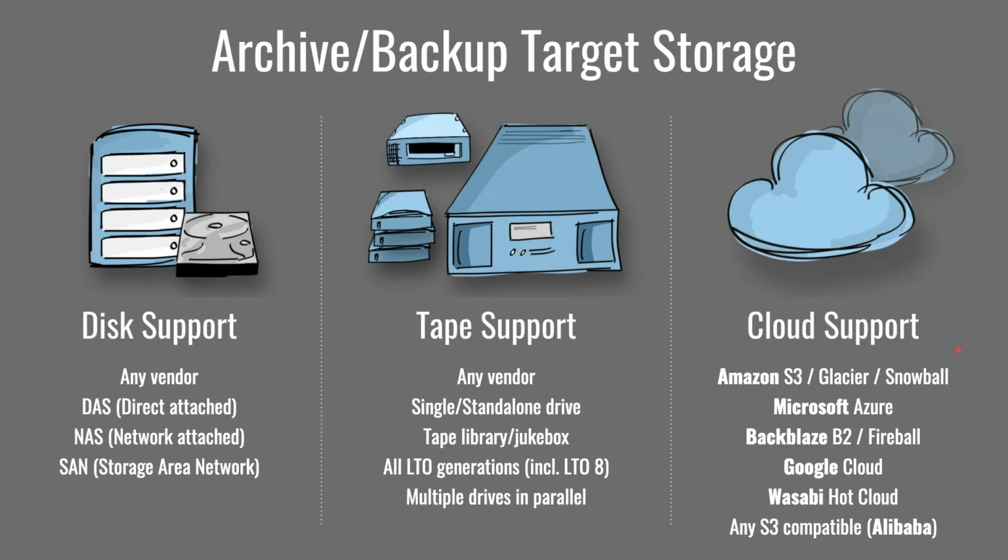And then our cloud support works with Amazon S3 and Glacier, Microsoft Azure, Backblaze B2, who now have a European presence, Google's cloud storage, Wasabi Hot Cloud, which is an American vendor, who also have data centers in Europe. And we also support anything that works with the S3 protocol for cloud storage. So that means that there's a lot of different cloud vendors that you can archive to.